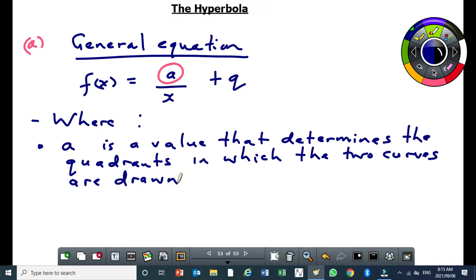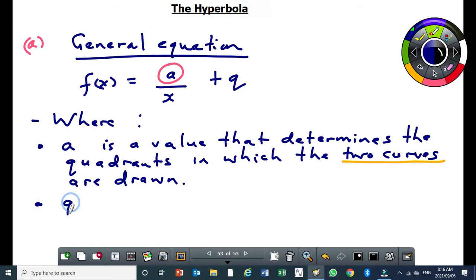Please be aware that the hyperbolic function has got two curves. So for you to know in which quadrant you are supposed to draw them, it will depend on the value of a. I'm going to talk about that later.